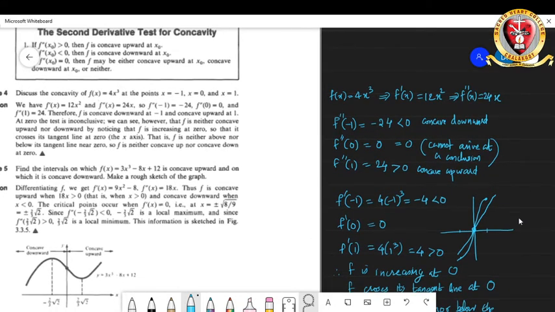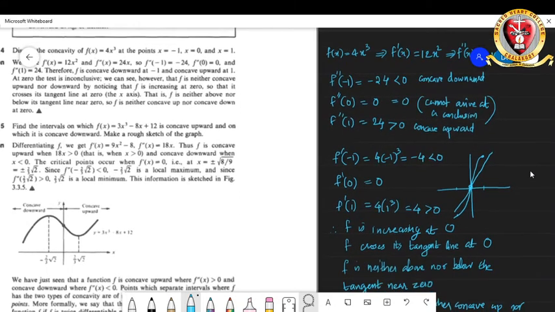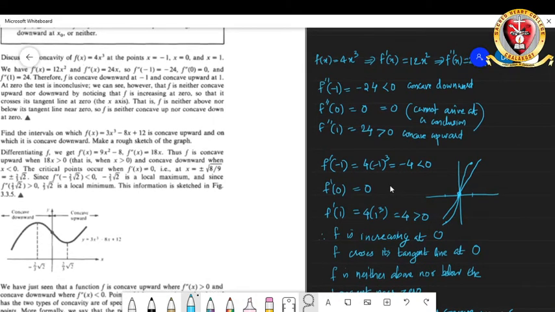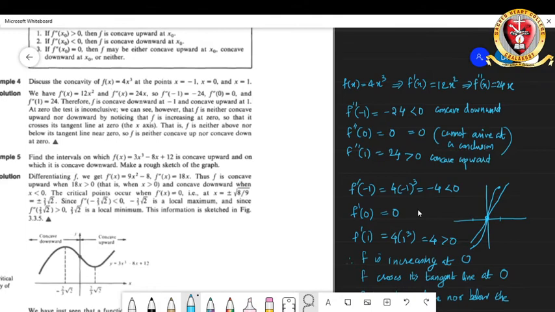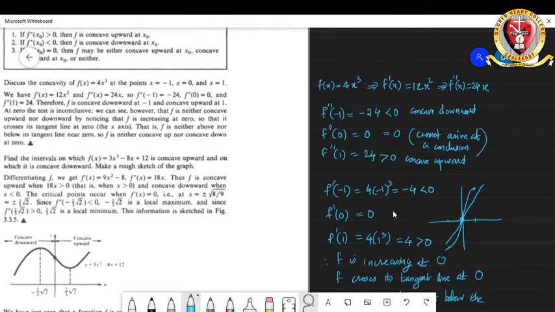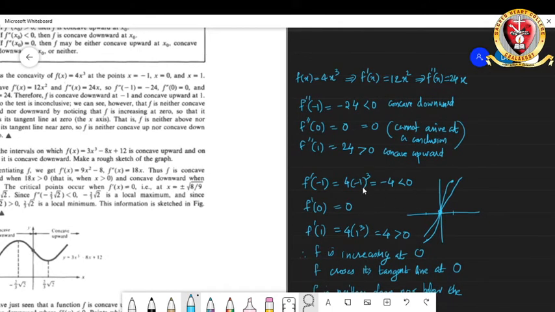Now f dash of minus 1. f dash of minus 1 is equal to 4 into minus 1.